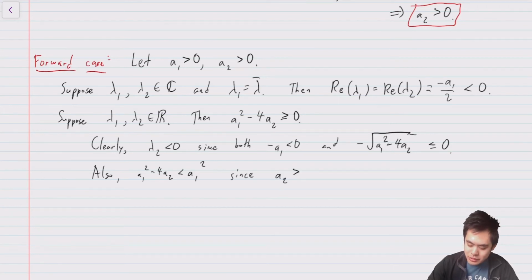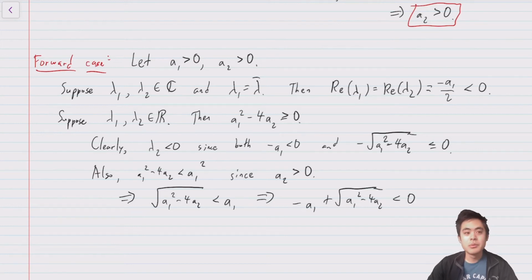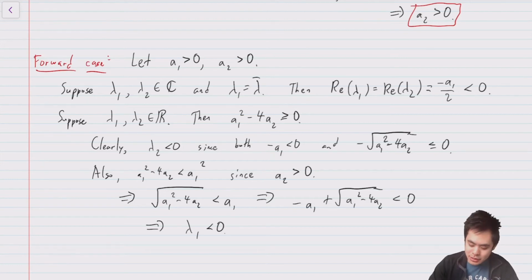Now, since these are both positive numbers, you can take the square root of both sides, so you get the square root of a1 squared minus 4a2 is less than a1, which implies that minus a1 plus the square root of a1 squared minus 4a2 is less than 0. But that's just the numerator of lambda 1, which implies that lambda 1 is less than 0.